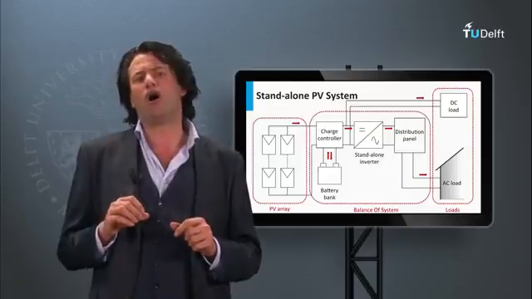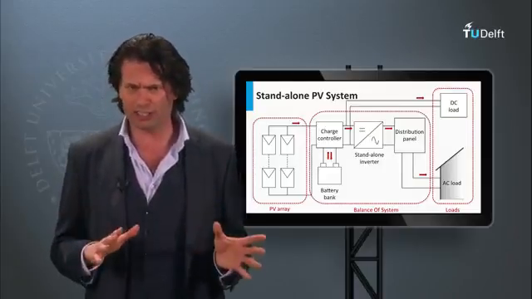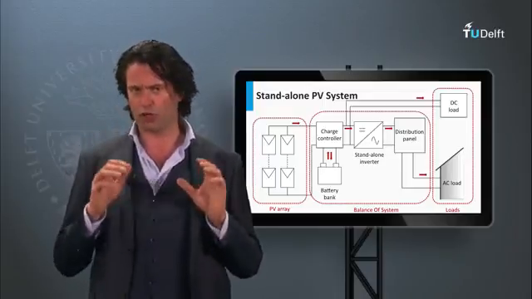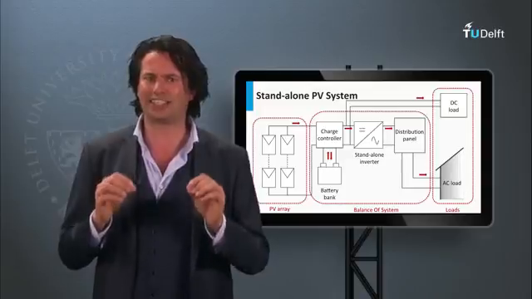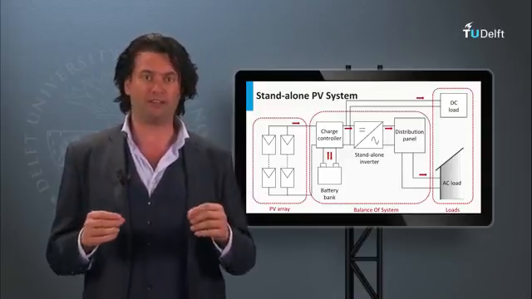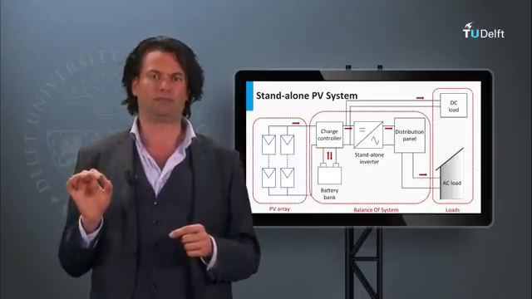Now let's go on to the more interesting aspect of designing an off-grid system for a house in a remote location. We shall look at the designing and sizing of a PV system based on the load demands and the available components. Let's go to this example.